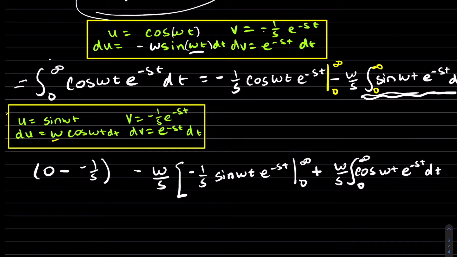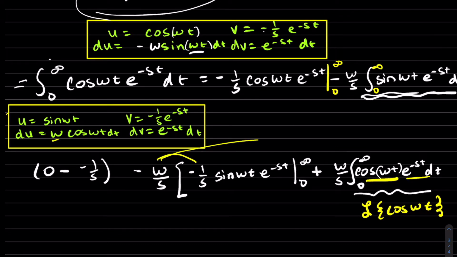But as you can see, this is my function f by the definition. This is the Laplace of cosine of omega t, right? That's my function times, that's the definition of Laplace. So just writing that. The omega over s is already there.